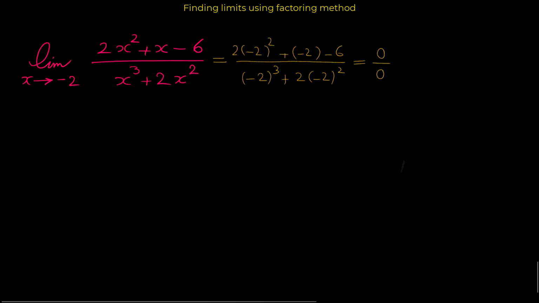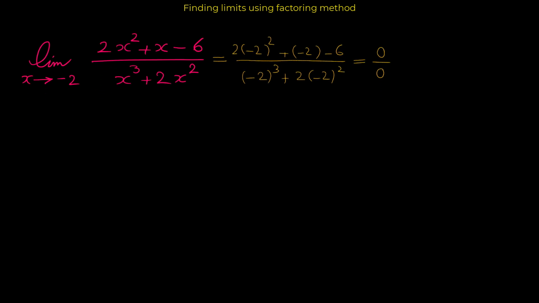Now look at this question. X approaches negative 2. So what should you expect to be the common factor between the top and the bottom? X approaches negative 2, so we expect to have x plus 2 common between the top expression and the bottom expression. And why is this important and really helpful?